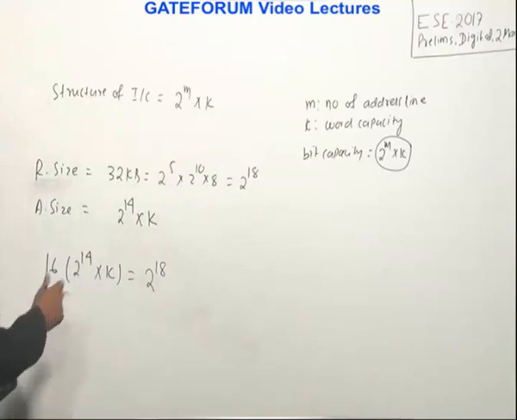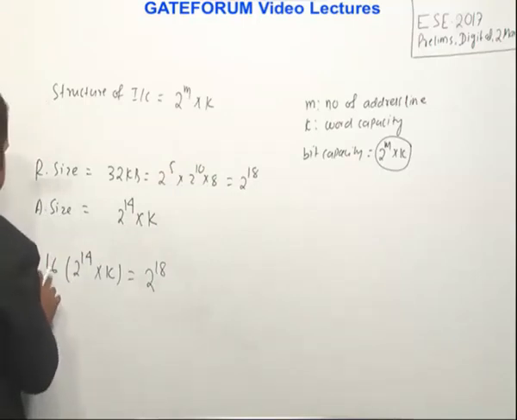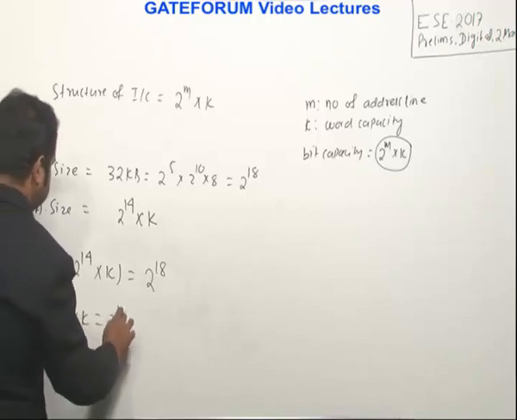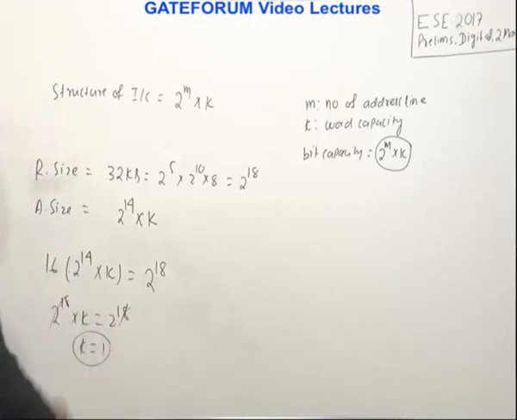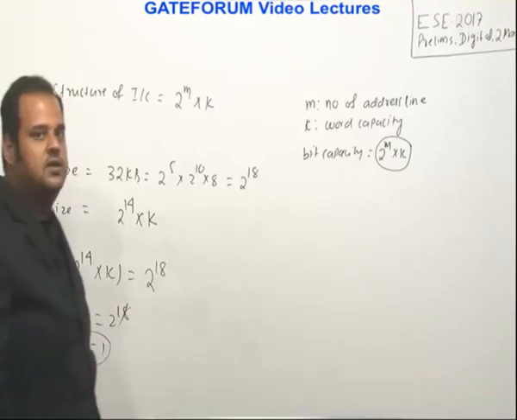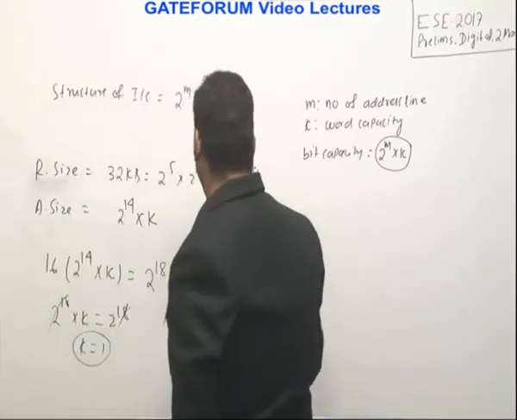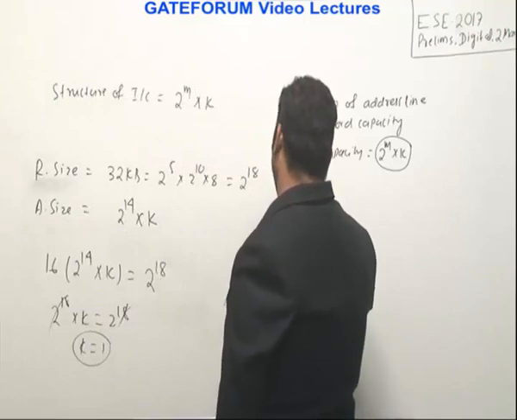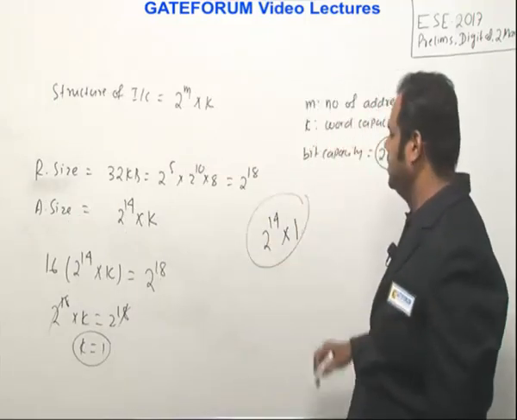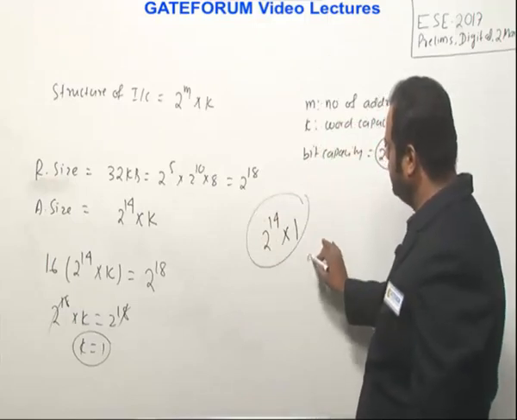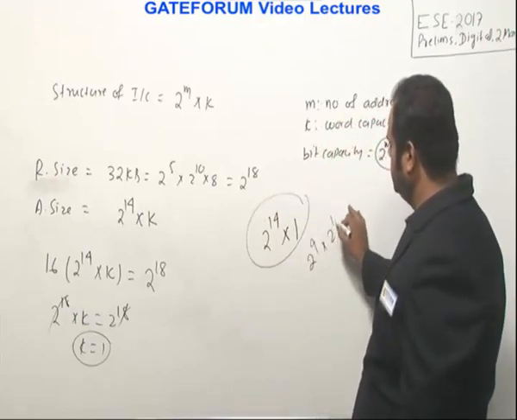So can I get the value of K from this? Of course, 2 raised to power 18 cross K is equal to 2 raised to power 18. So this and this are cancelled. What is the value of K we are getting? K equals 1. So the bit capacity of this is 2 raised to power 14 cross 1. Multiply these: 2 raised to power 4 into 2 raised to power 10.